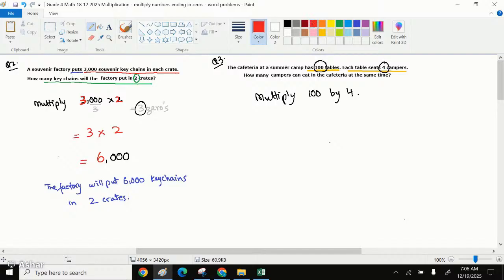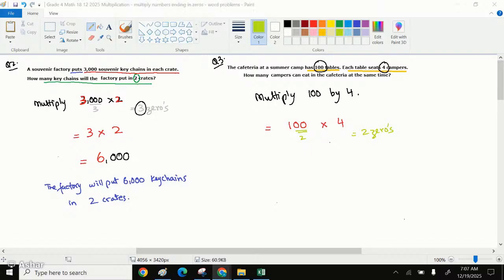Once we start multiplying, 100 multiplied by 4, we count the number of zeros. We have two zeros over here, and 4 does not have any zeros next to it. So the total number of zeros is 2.